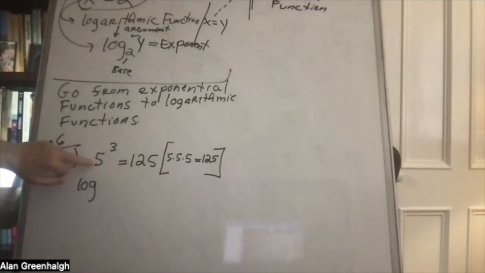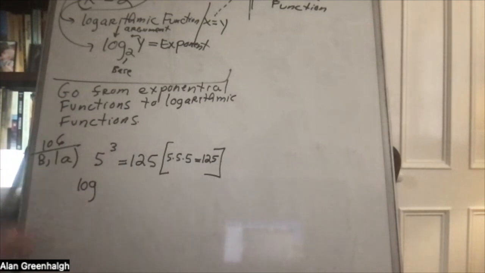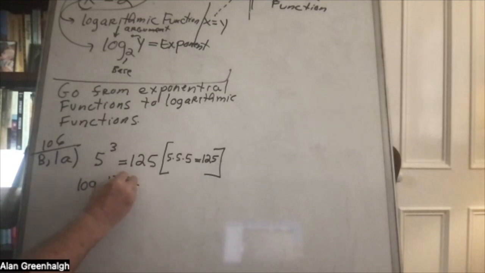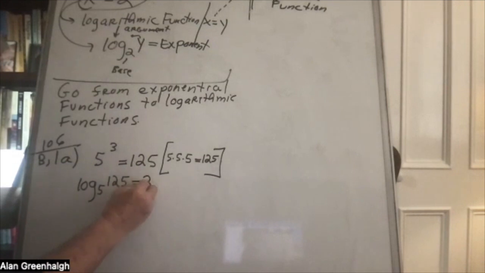That's this number right here. The number with the exponent attached to it is the base. So that's 5. The argument, which we are going to call the number, is 125. And the exponent is 3.